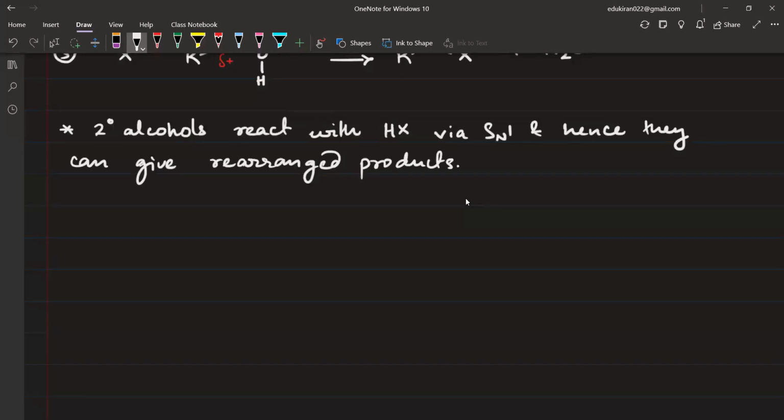There is a reaction in the NCERT textbook, the last reaction of the alcohol chapter, in which you have 4 carbon atoms like this. This carbon atom is having a CH3 group. This carbon atom here is having a CH3 group. This carbon atom here is having OH.